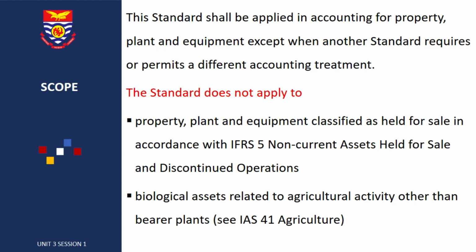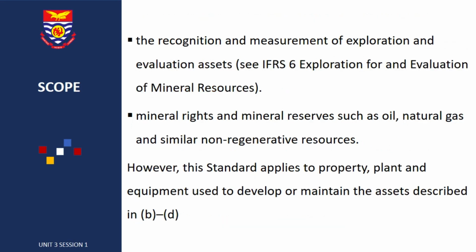Now, when you look at IAS 41, which talks about agriculture, any property, plant, and equipment that is related to this agricultural activity must be accounted for under IAS 41 Agriculture and not IAS 16. Then we have the recognition and measurement of exploration and evaluation assets.